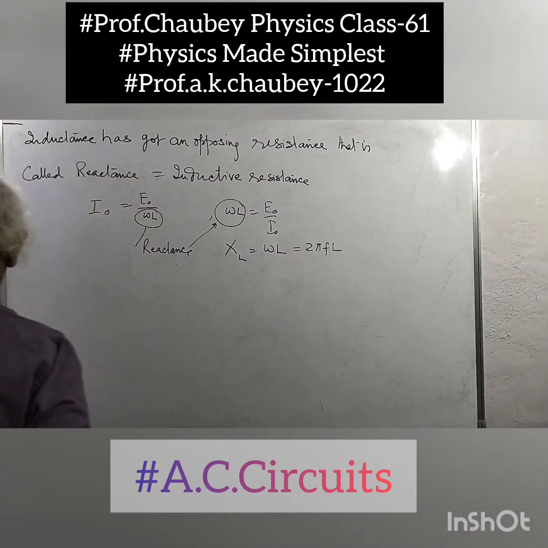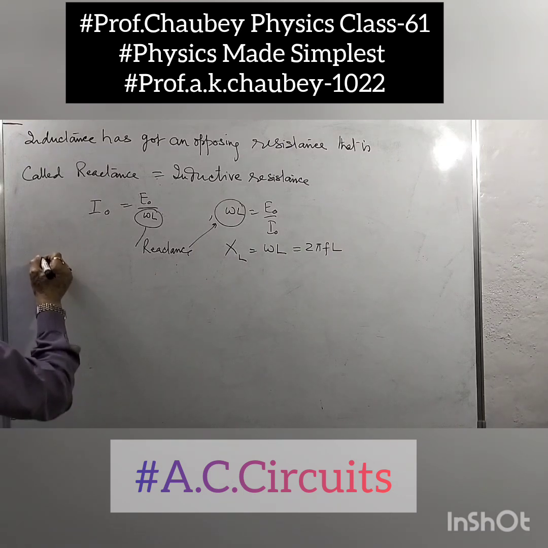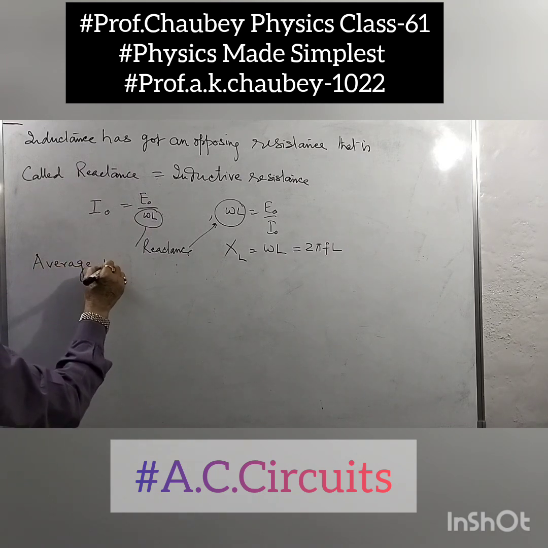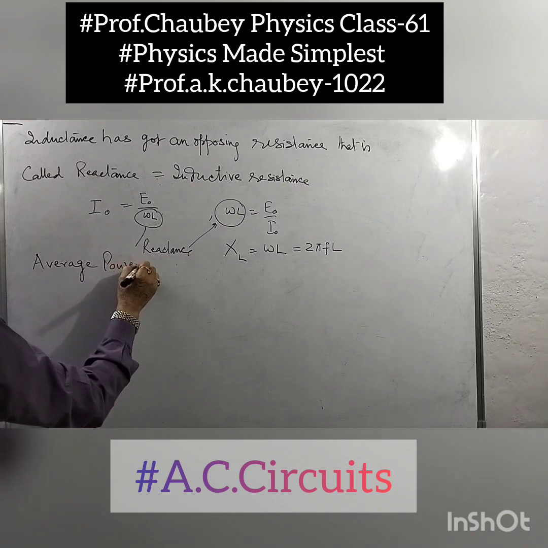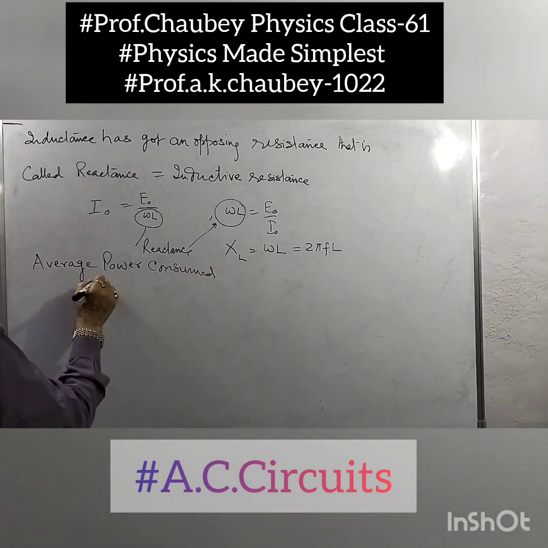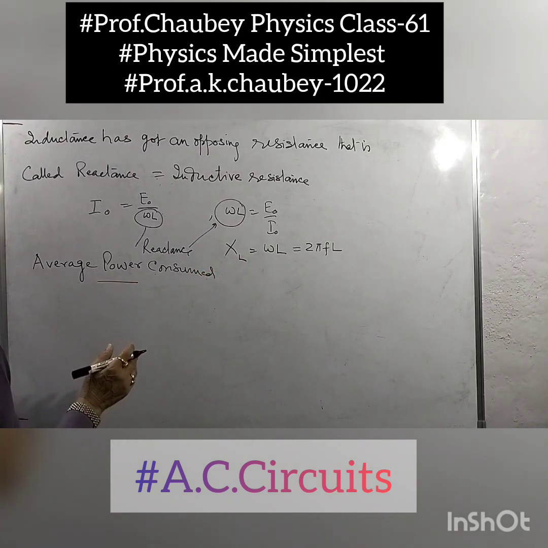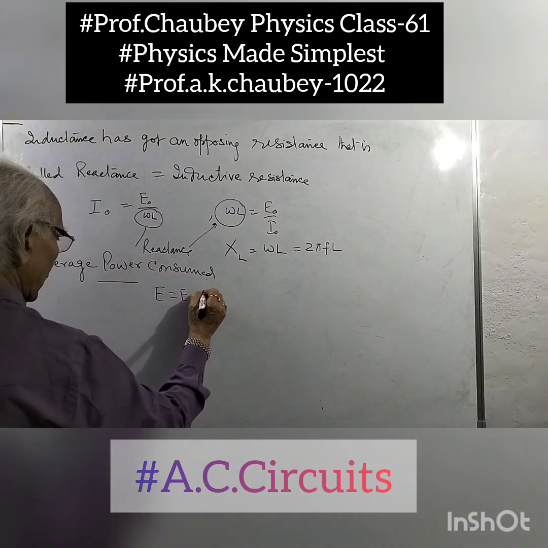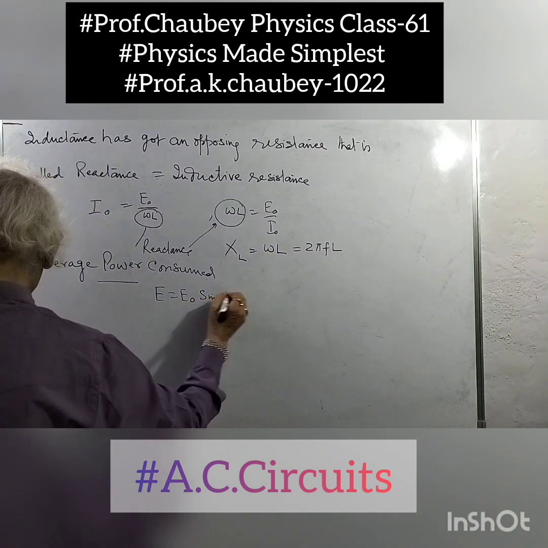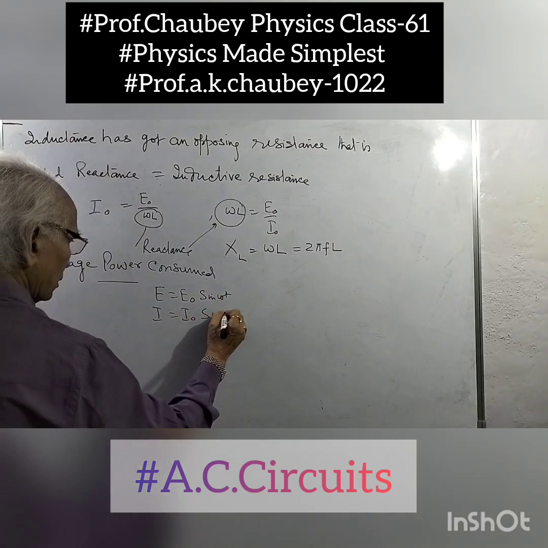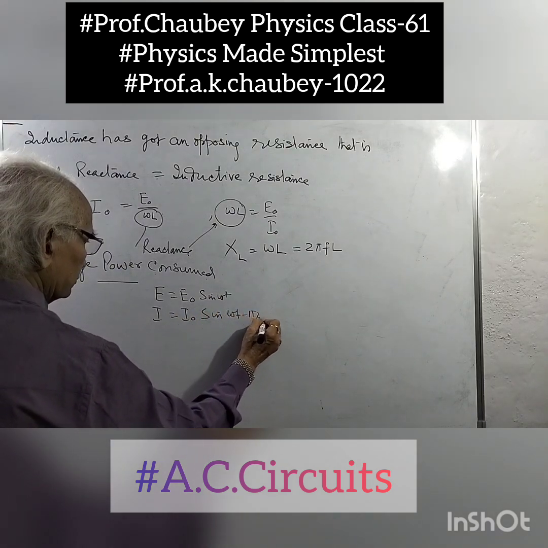So we can use all this. Average power consumed you can get simply by writing E is equal to E naught sin omega t, and I is equal to I naught sin omega t minus pi by 2.